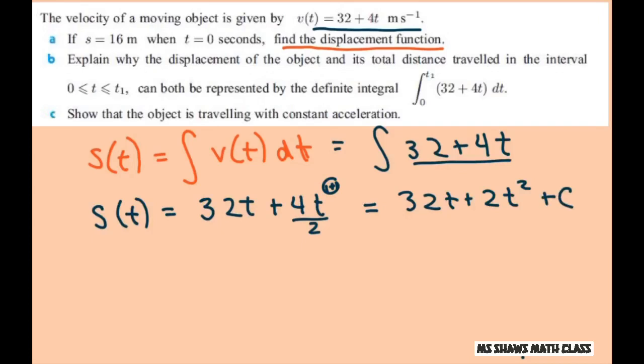Now, for a, it says when t is 0, s equals 16 meters. So s of 0 equals 16. So we want to find c.